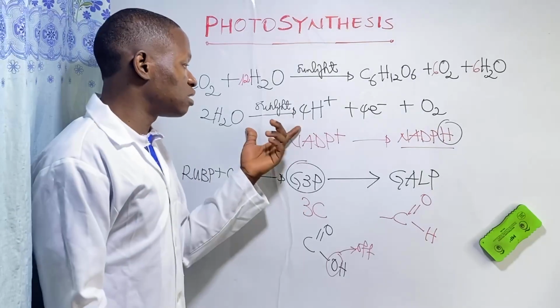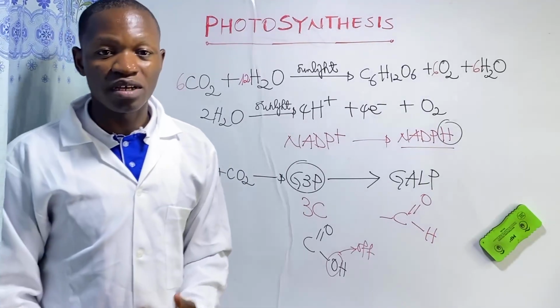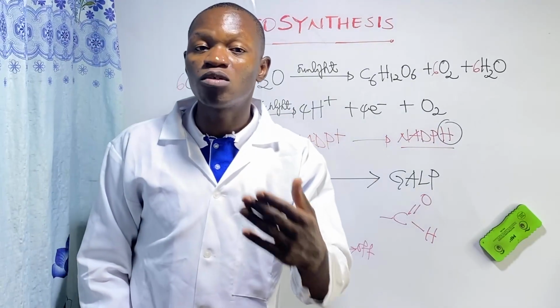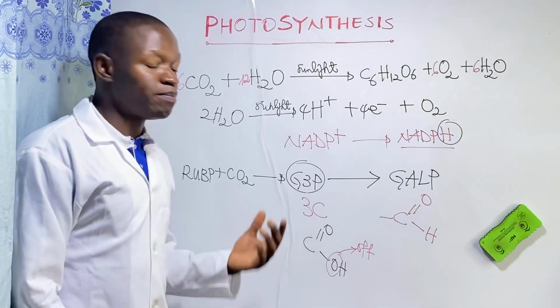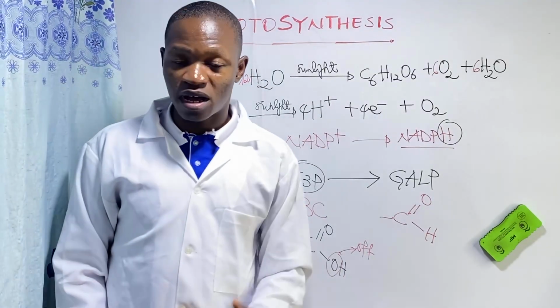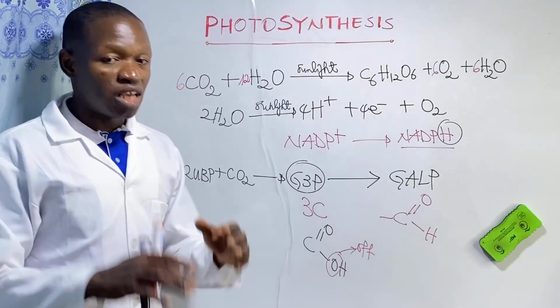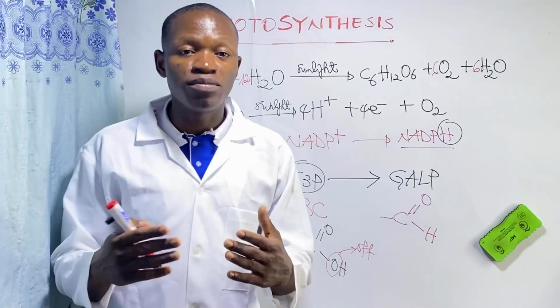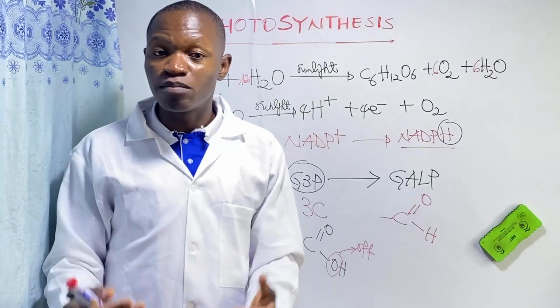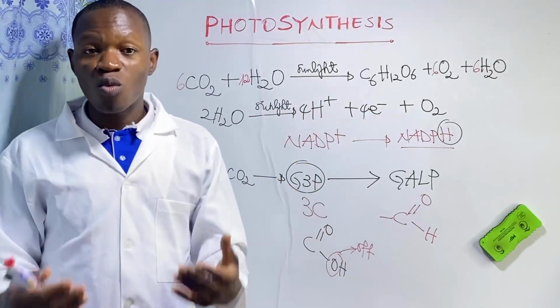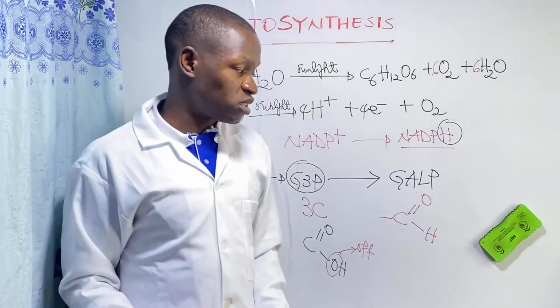The light-dependent stage occurs in the thylakoid membranes of the chloroplast of the plant cells, while the light-independent stage occurs in the stroma of the chloroplast. The double membrane bound chloroplast is permeable to carbon dioxide, water, as well as oxygen.